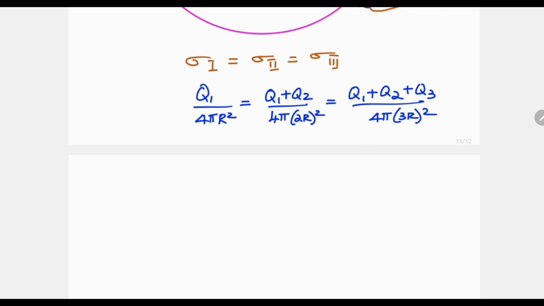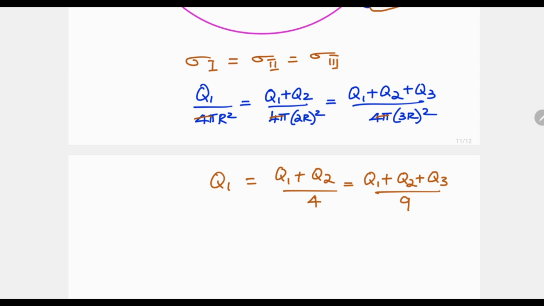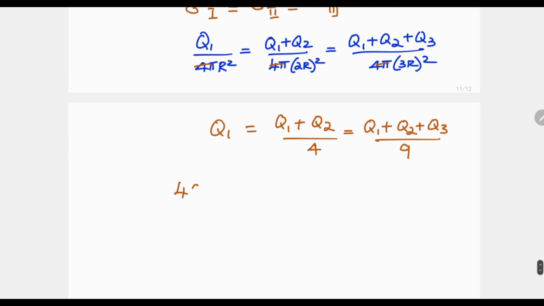After cancelling the common terms, 4 pi, 4 pi, 4 pi, we get Q1 equals Q1 plus Q2 divided by 4, which is equal to Q1 plus Q2 plus Q3 divided by 9. Considering the first two parts, 4Q1 equals Q1 plus Q2, or in other words, 3Q1 equals Q2, which implies Q1 by Q2 equals 1 by 3.